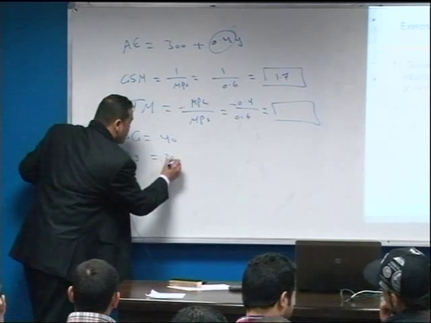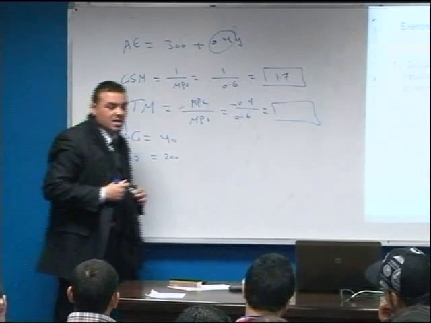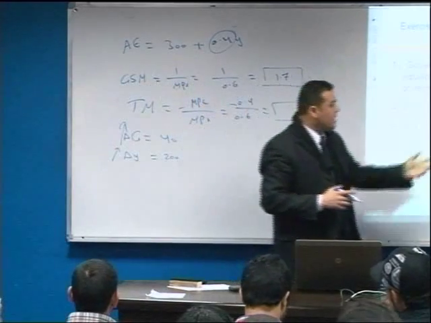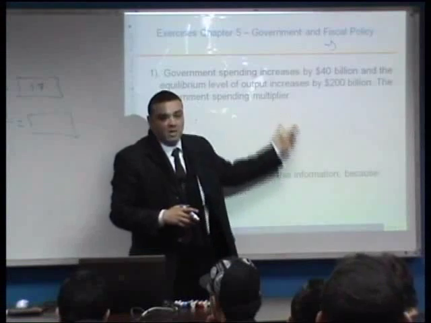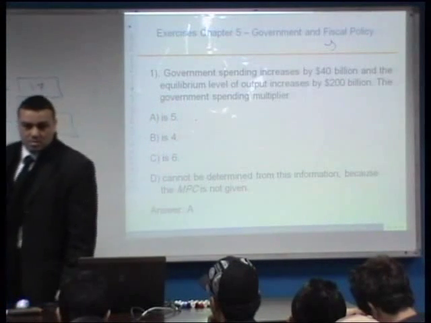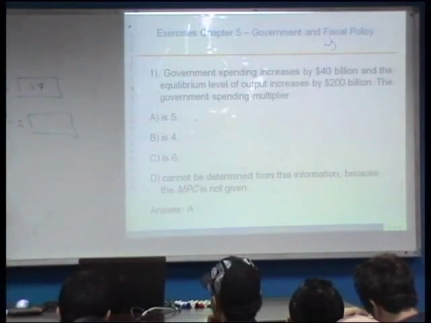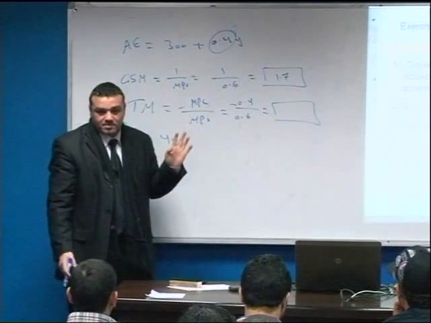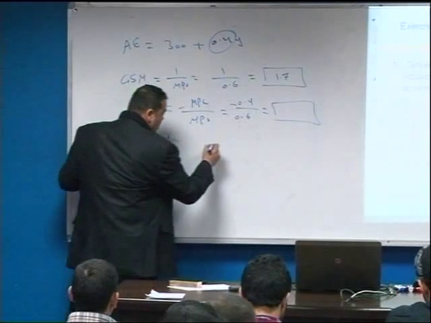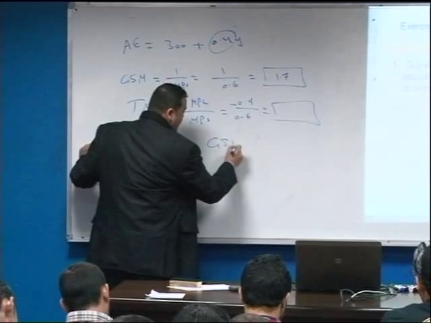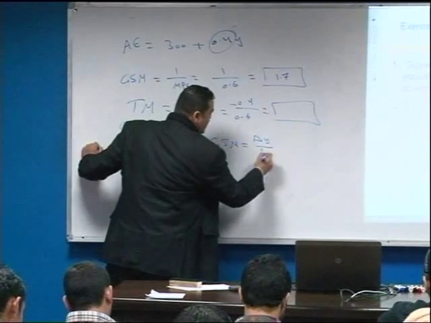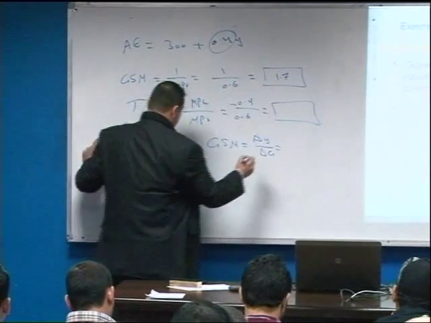Delta Y equals 200. The question is, the government spending multiplier equals how much? What is it? Delta Y over delta G. That's it. So, the government spending multiplier equals delta Y over delta G.